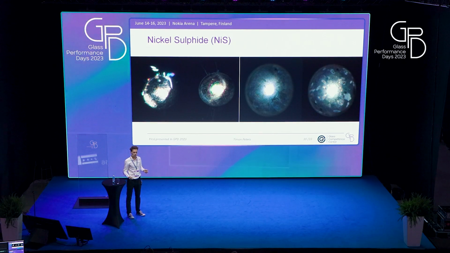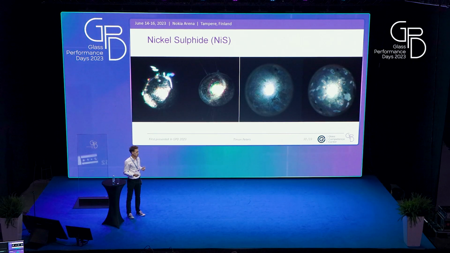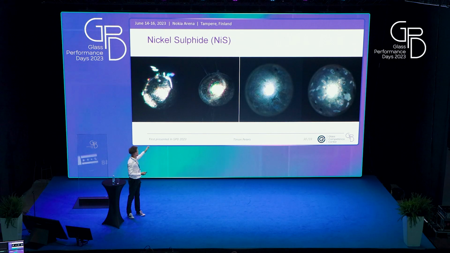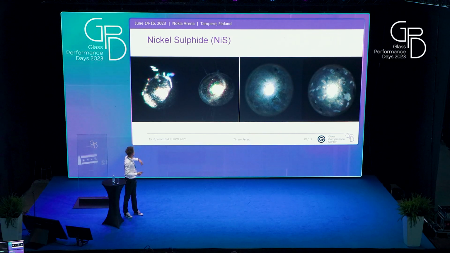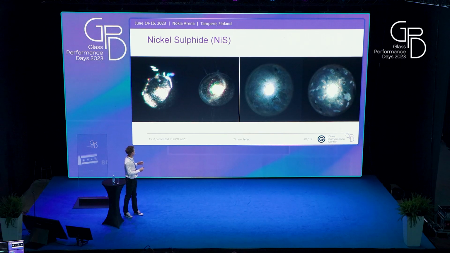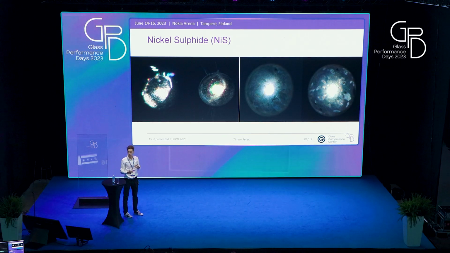Another thing that we discovered is that nickel sulfide can change its appearance before and after pre-stressing of the glass. So here you can see two cases where I tempered the inclusions. And on the left side, for example, you can see a nickel sulfide inclusion with open cracks and almost no visible gold-purple color.